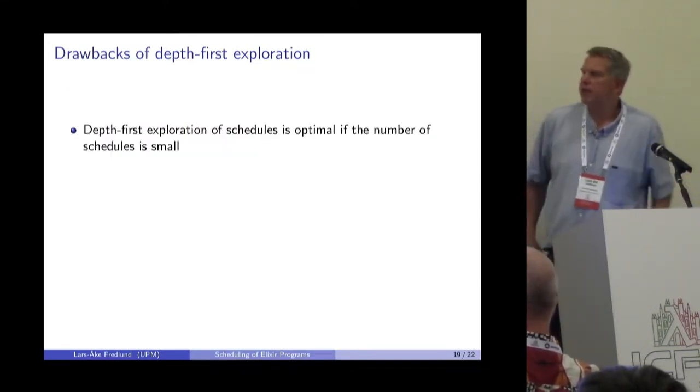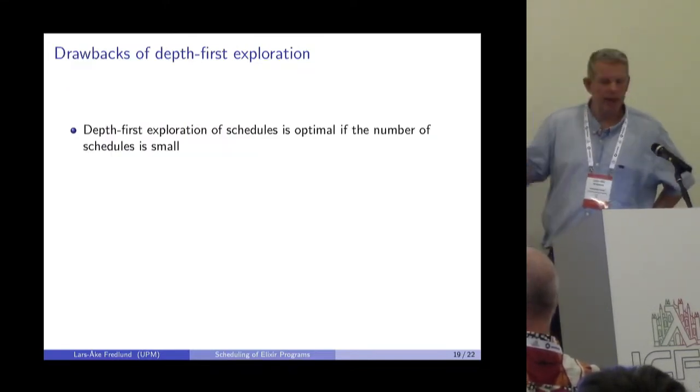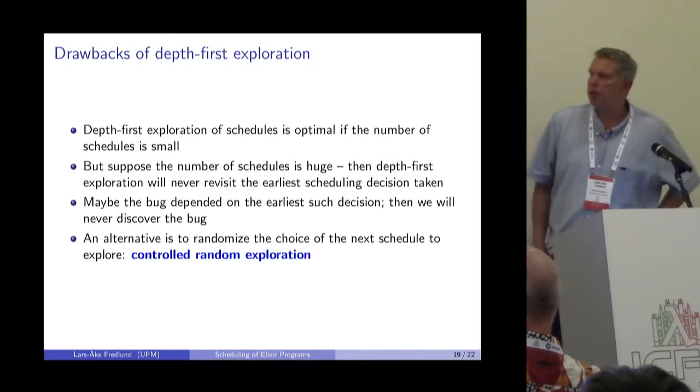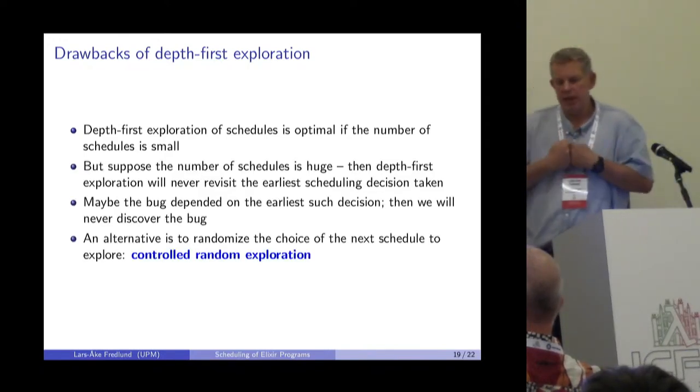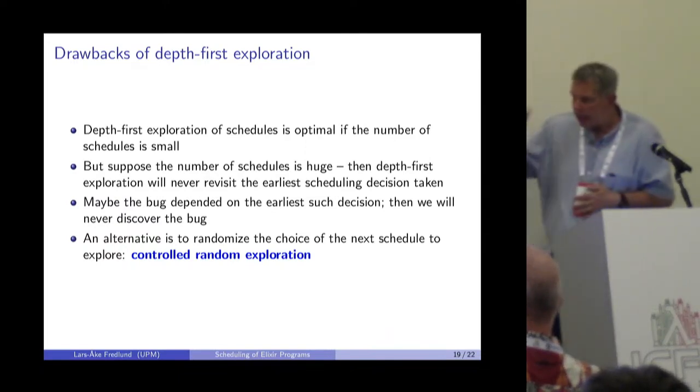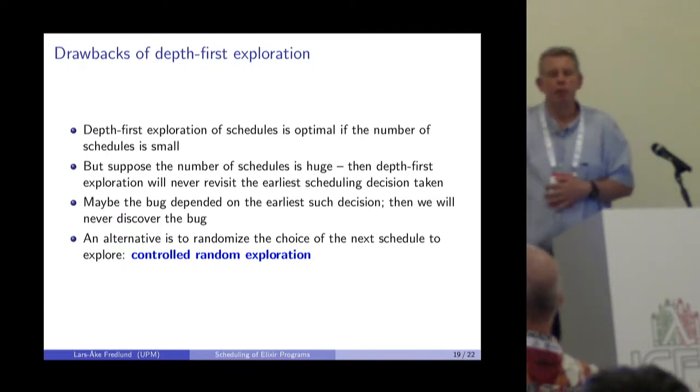So what are the drawbacks? Well, this is good, right? This is efficient. If the program is small enough, we can do everything. But suppose the number of schedules possible is really huge, as in a realistic program. What can happen? If we are unlucky, the bug in the program happens because we make a really bad initial choice.